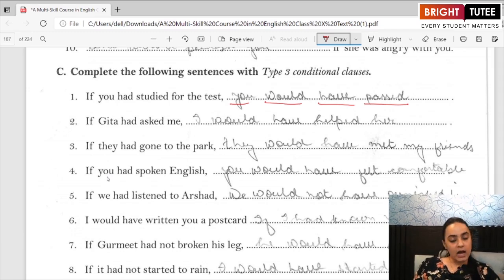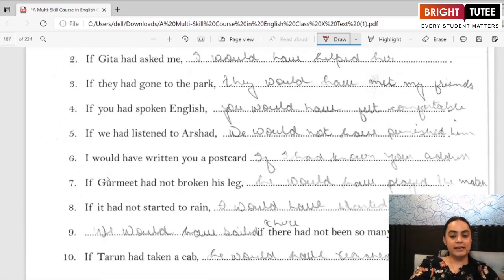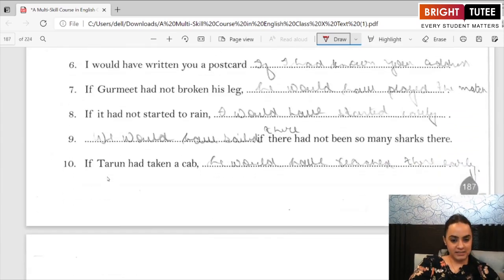If Geeta had asked me, I would have helped her. If they had gone to the park, they would have met my friends. If you had spoken English, you would have felt comfortable. If we had listened to Arshad, we would not have punished him. And this way, you are going to complete the rest of the sentences.